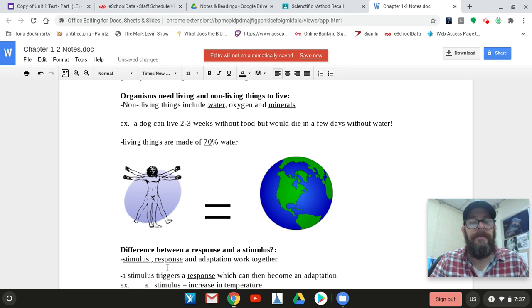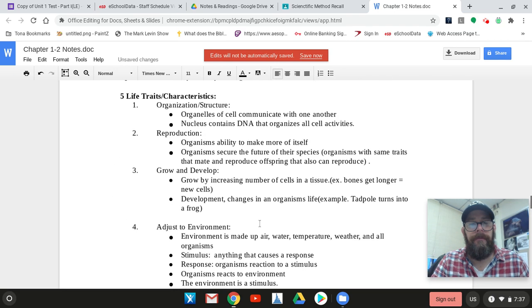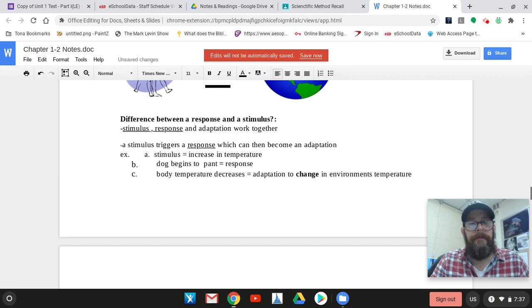A stimulus, response, and adaptation work together. How does this work? Well, let's see. Okay. So a stimulus triggers a response, which can then become an adaptation. For example, A, a stimulus: an increase in temperature, so the temperature is rising outside.